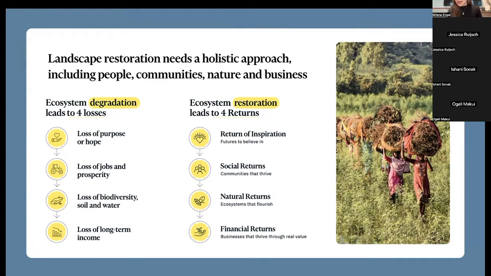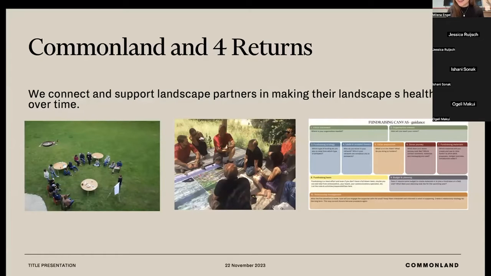More practically speaking, we do a lot of things at Commonland. Some of these activities include supporting our landscape partners in assessing their landscape holistically, from this 4 returns approach. We also provide strategic support in the planning of restoration initiatives, and we help with fundraising strategies.